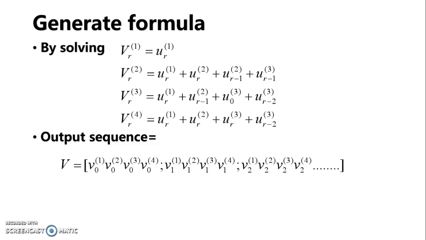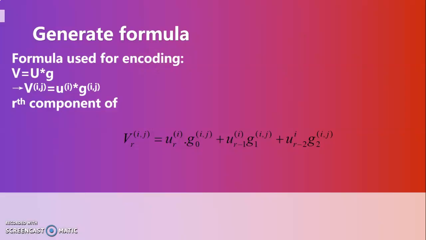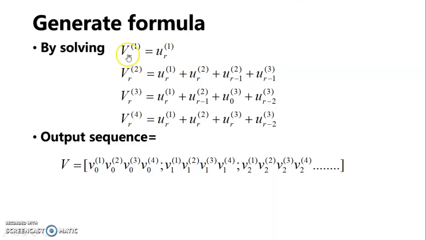Now, by considering all generator sequences in their positions, you can solve the previous equation, and we get this formula, that is Vr1 equals U of r1, where the output is important here, so j only represents the output in the equation, not the input.